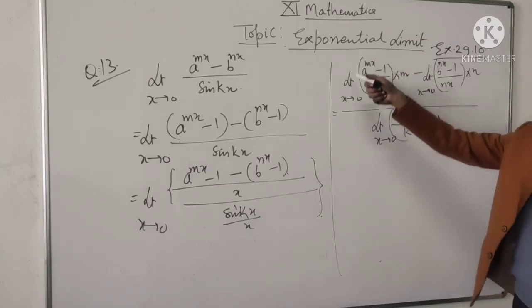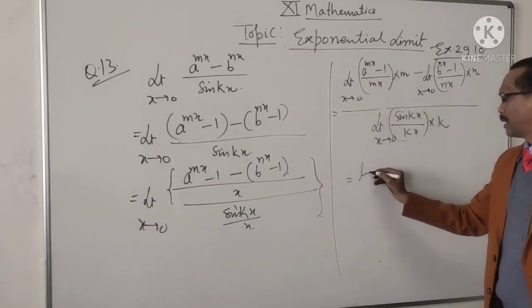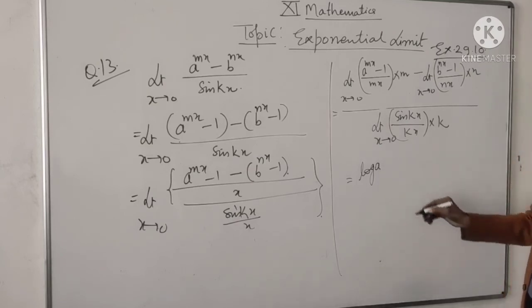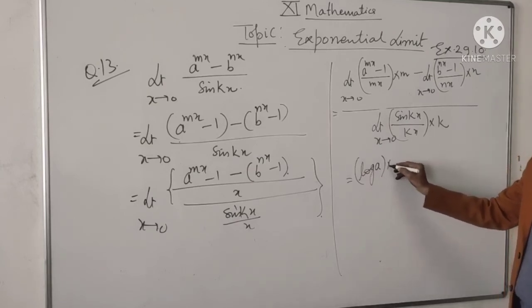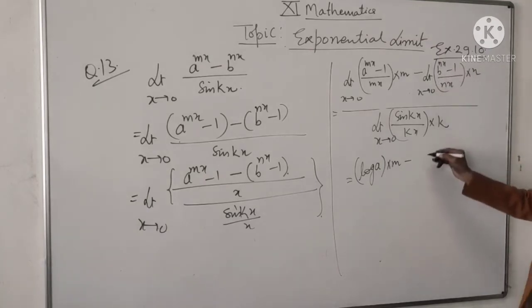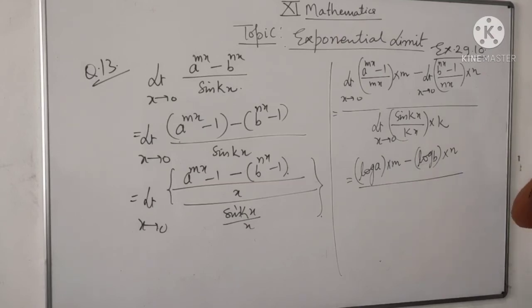Since this limit is log a, it is log a into m, minus log b into n, upon sin. There is a standard limit, limit theta tends to 0, sin theta upon theta is 1.